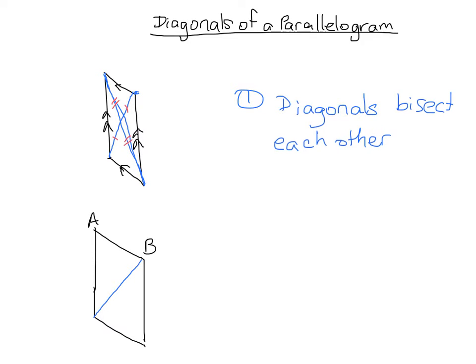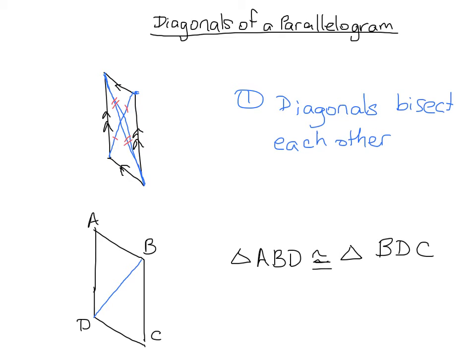Let's say this is A, B, C, and D. Then triangle ABD is going to be congruent, so the same angles and the same size, to triangle BDC. And that's a given for every diagonal of every parallelogram.